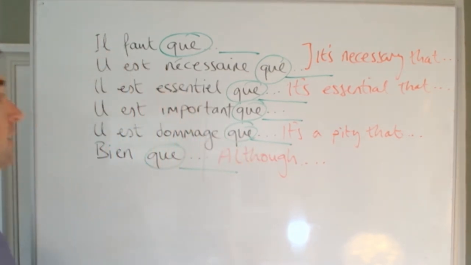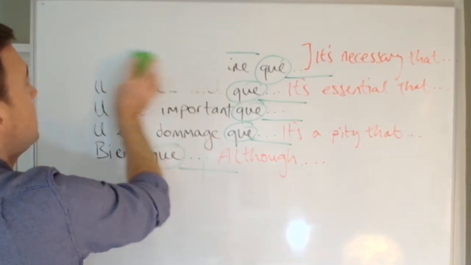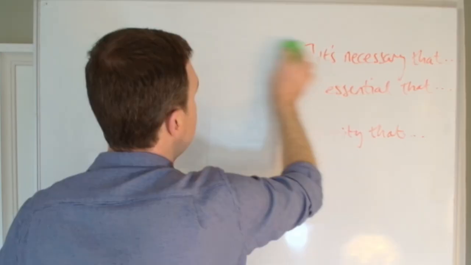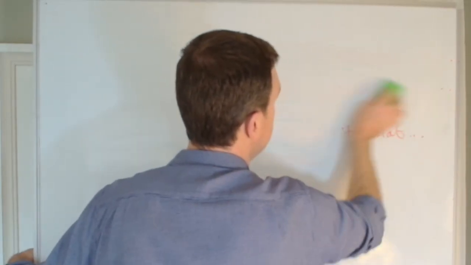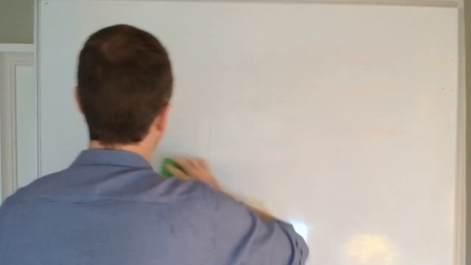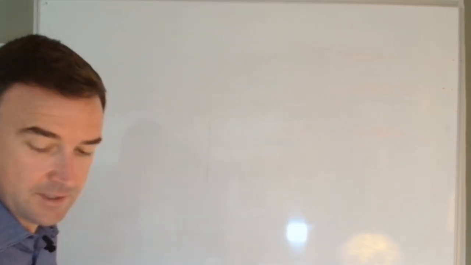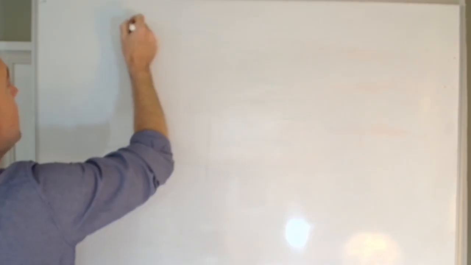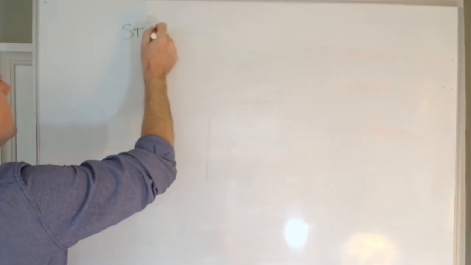Now that we have our subjunctive clauses, we need to look at the formation of the tense. This tense is very easily formed. It's not going to cause you much difficulty. When you think back to the imperfect tense, you remember that there are 3 steps to forming the imperfect tense. There's 3 steps to forming the subjunctive tense. So let's note them.